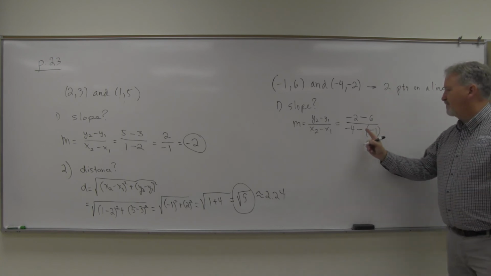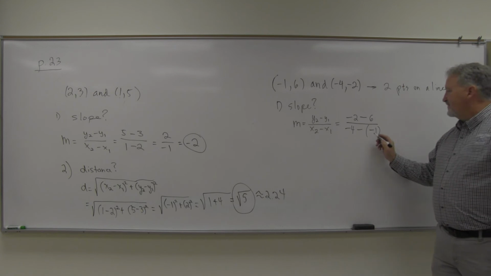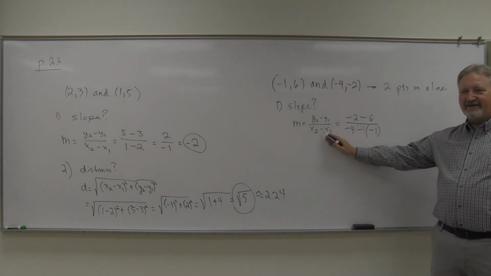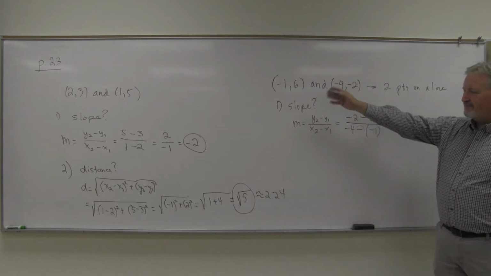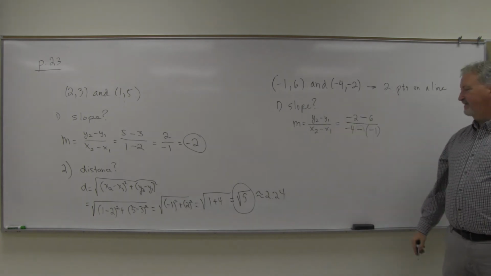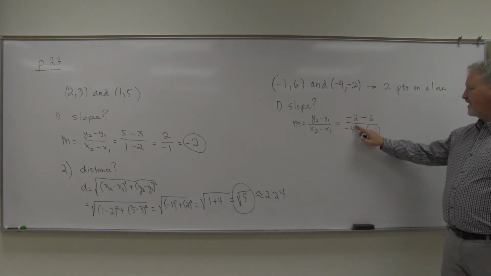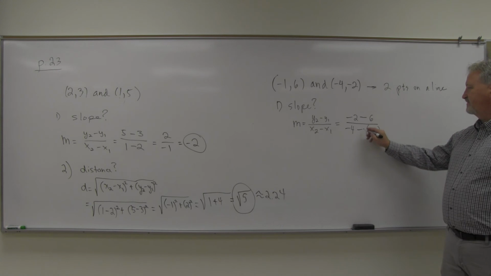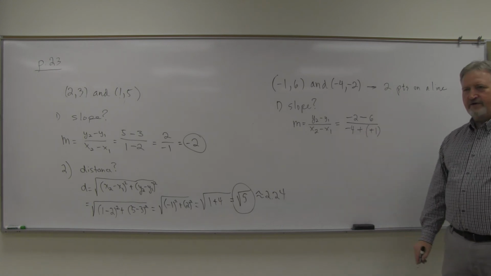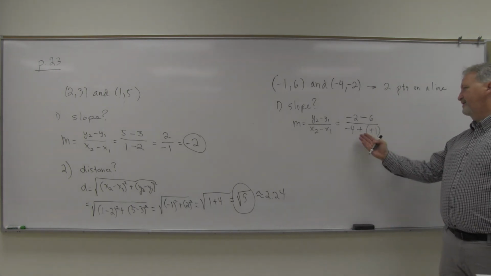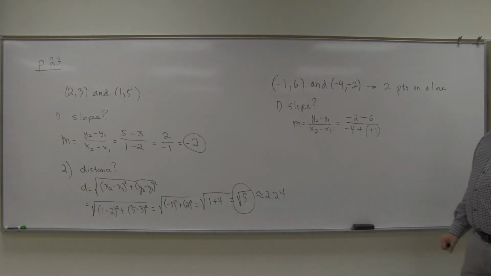Now, why do I have a minus -1 there? Well, this minus is from the formula, and this minus is from the actual value of the x. So we've got the old double negative. What happens on the double negative? Well, 2 negatives in a row like that make a positive, so you actually wind up adding 1 on the bottom there instead of subtracting.